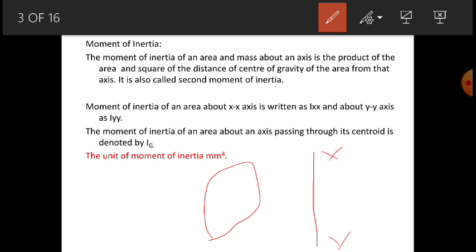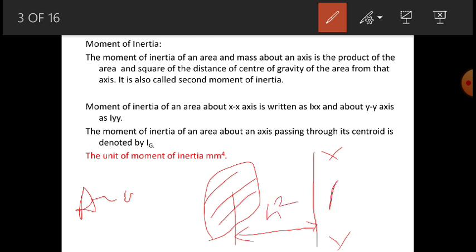When you want to find the moment of inertia, it is the area of this body into the square of the centroidal distance h from that axis. That is, the product of the area and the square of the distance of the center of gravity of the area from that axis.